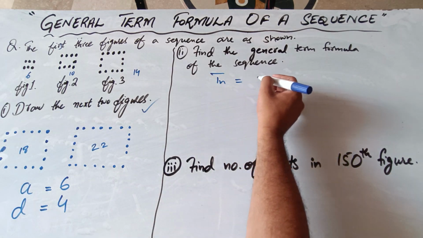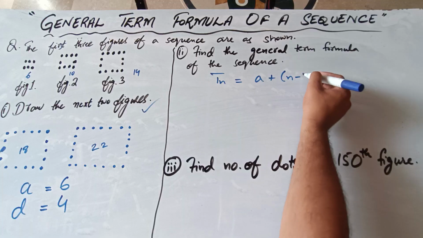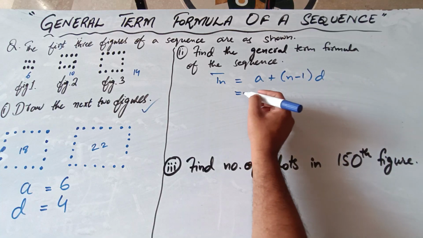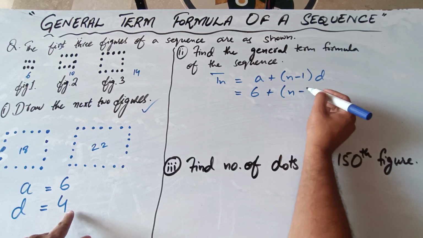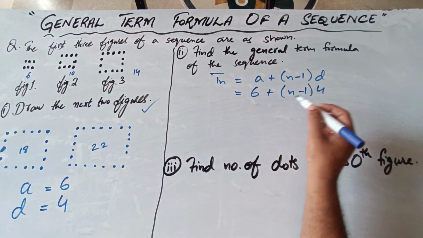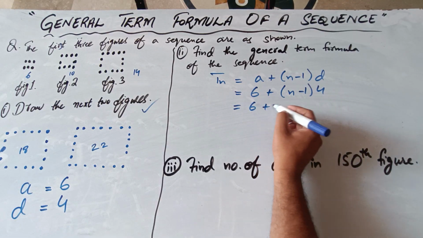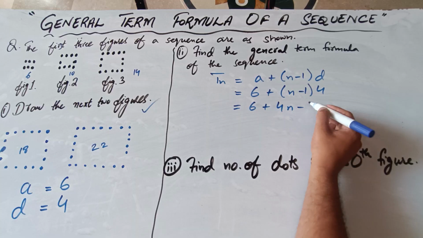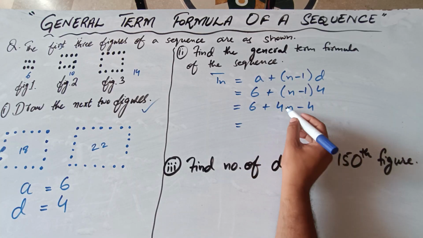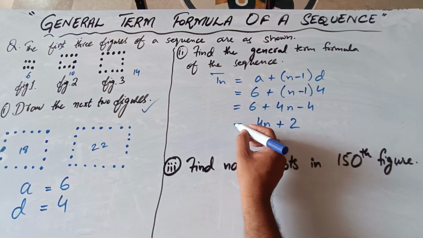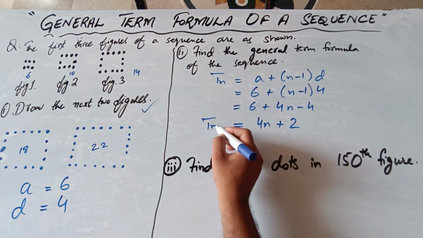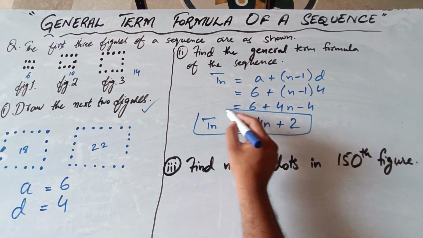So Tn is equal to A plus n minus 1 times D. A is 6 and difference is 4. So we are putting 4. Now let's open up the formula. 4n minus 4. So 4n will come first, plus 6 minus 4 is plus 2, the sign will be of the bigger number. So this is the general term formula for the number of dots.